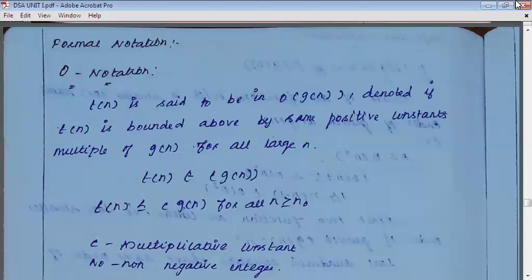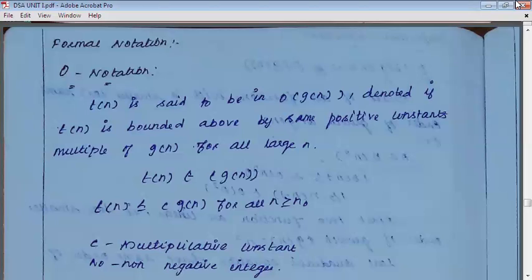So T of n belongs to g of n, because T of n is the time to process n inputs and it depends upon the function g of n.